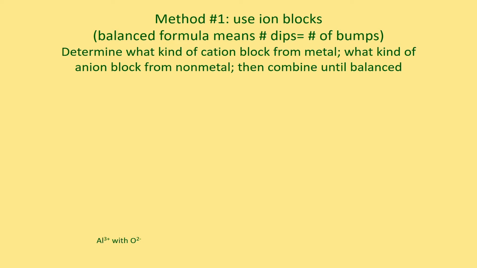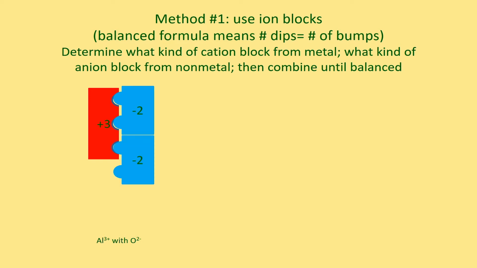So if we had aluminum plus 3 cation and oxygen minus 2 anion, if we started with a plus 3 ion block and added one negative 2 ion block, we can see that they are not balanced. We need more negative charge. But if we add a second negative block, we realize we now are short on positive charge.